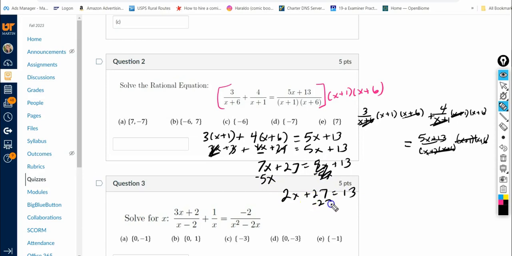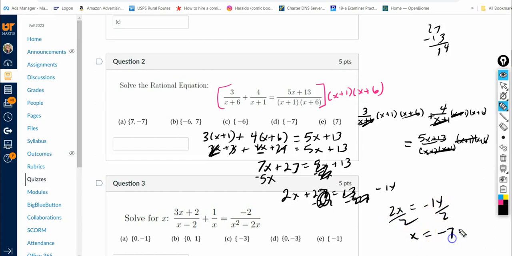And then subtract 27 from both sides. So that's going to be negative 14. So I'm going to have 2x is equal to negative 14, and divide both sides by 2, and I get x is equal to negative 7.